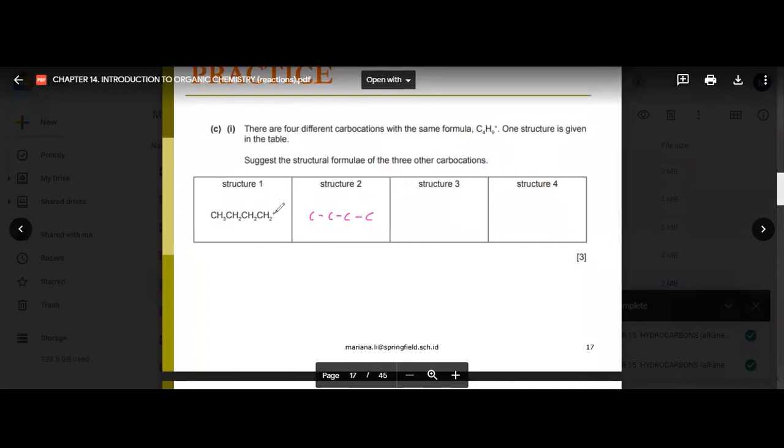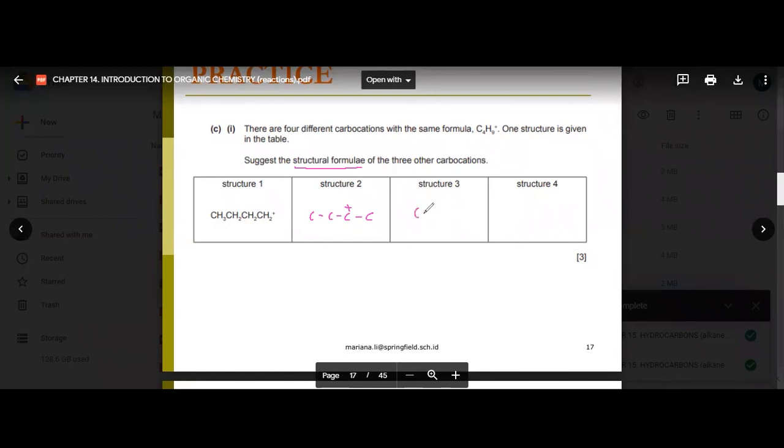In structure 1, the positive charge is at the first carbon. So let's move to the second carbon. Of course you should complete it with hydrogen, but I will make this simple. Just show the C1. Okay, how about structure 3? Can I move to the third C like this? No, because this will make it the same as structure 2. So there is no other possibility to move the positive charge.